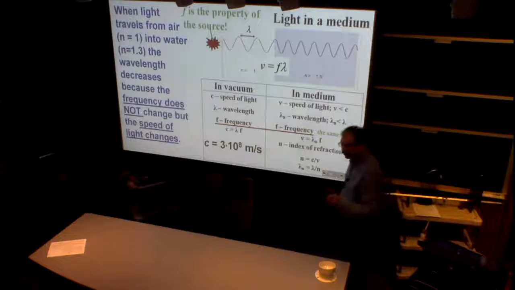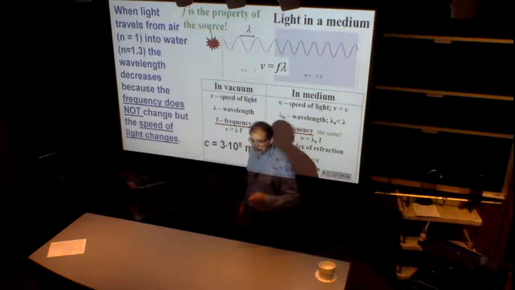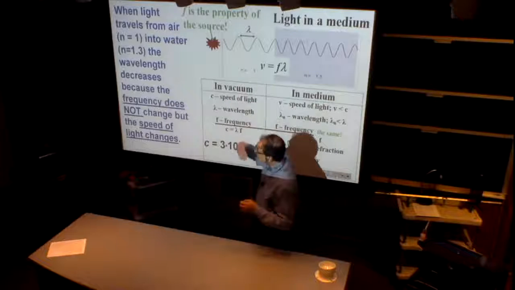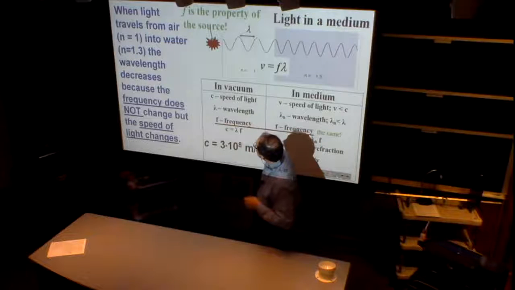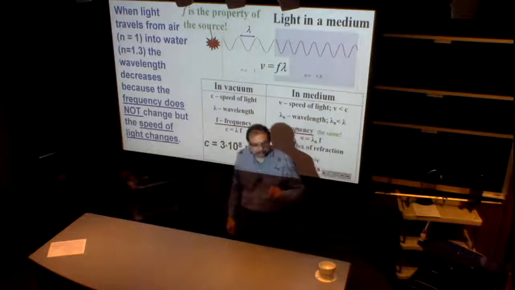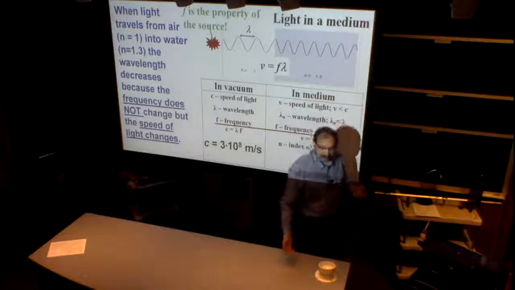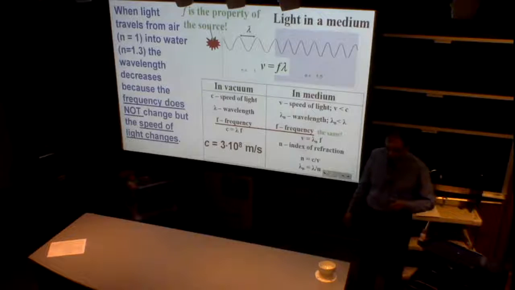We also said we know that the frequency is a function of a source. The source makes the wave, and then the wave travels away. And when a wave travels through different media, frequency can't change, but speed can. And if speed changes for light, it slows down.